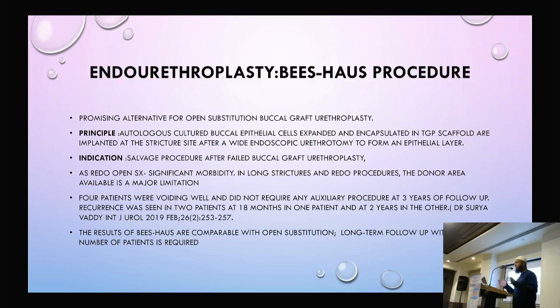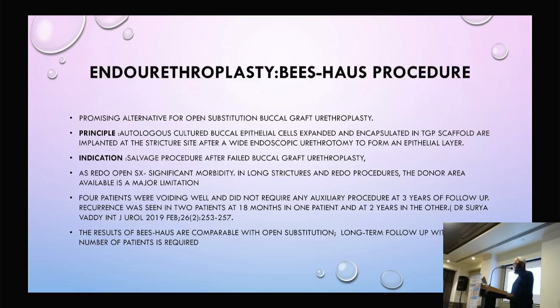So what is endourethroplasty? Now genetic engineering and stem cells, this concept is booming. It is a promising alternative to the open substitutional buccal graft urethroplasty. The autologous cultured buccal grafts are cultured in tissue culture labs and made in a scaffold of TGF, that is, a thermosensitive gelatin polymer.